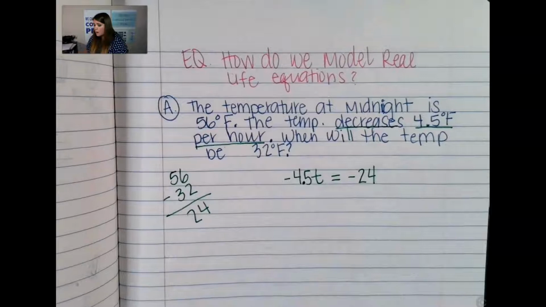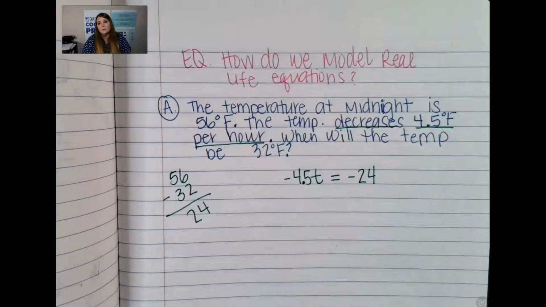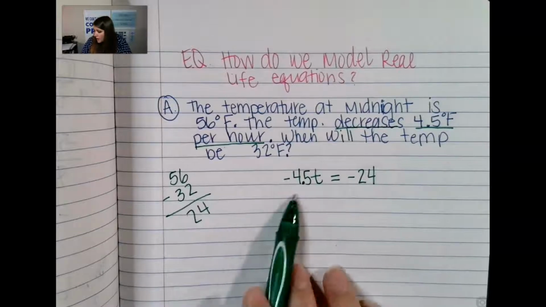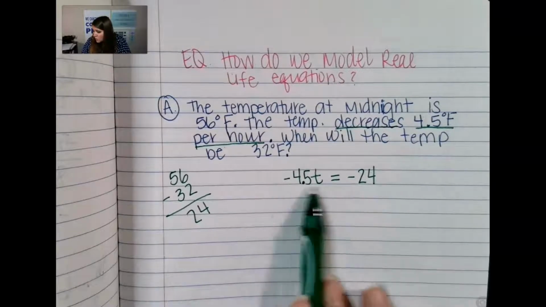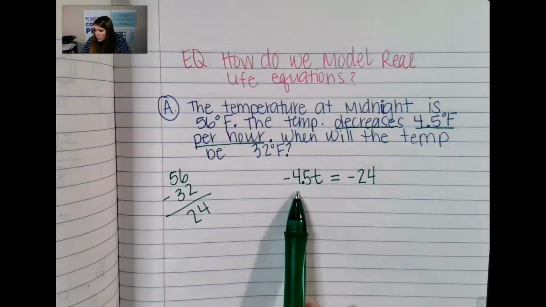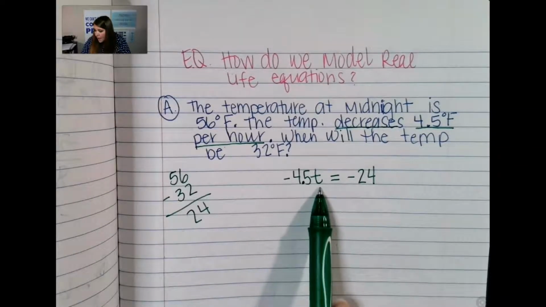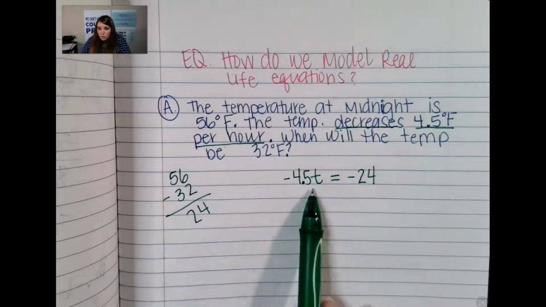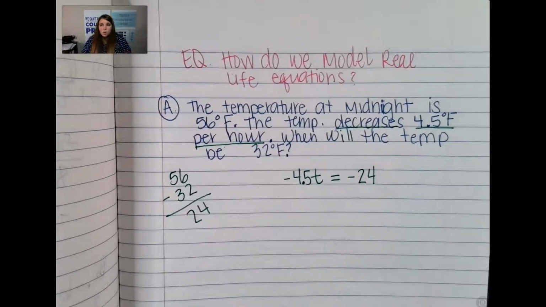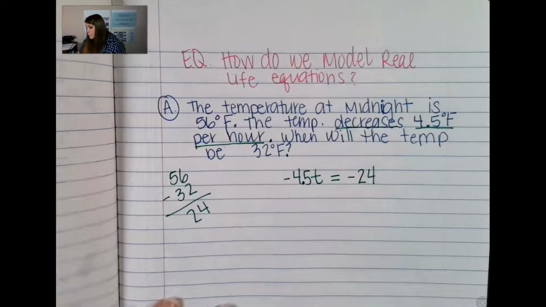Now we're ready to solve. We have an algebraic equation written because it has the equal sign. We're going down 4.5 per hour. We know that negative 24 is our total of what we're looking for. So let's go ahead and try to solve and see what we get.